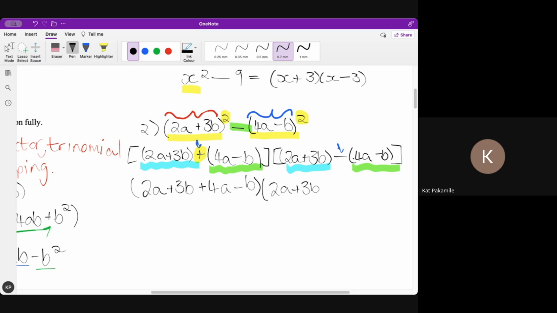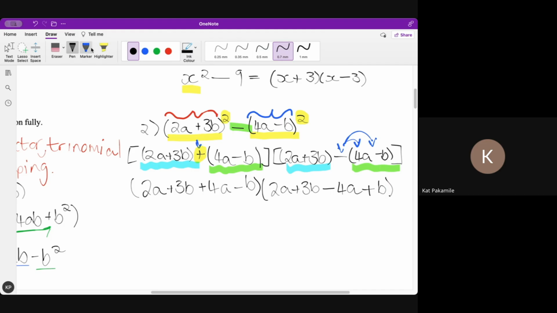And the sum, we have a minus, which is going to do what? That minus is going to change the signs. So it won't be 4a, it will be minus 4a. And it won't be negative b, it will be a positive b. All right.